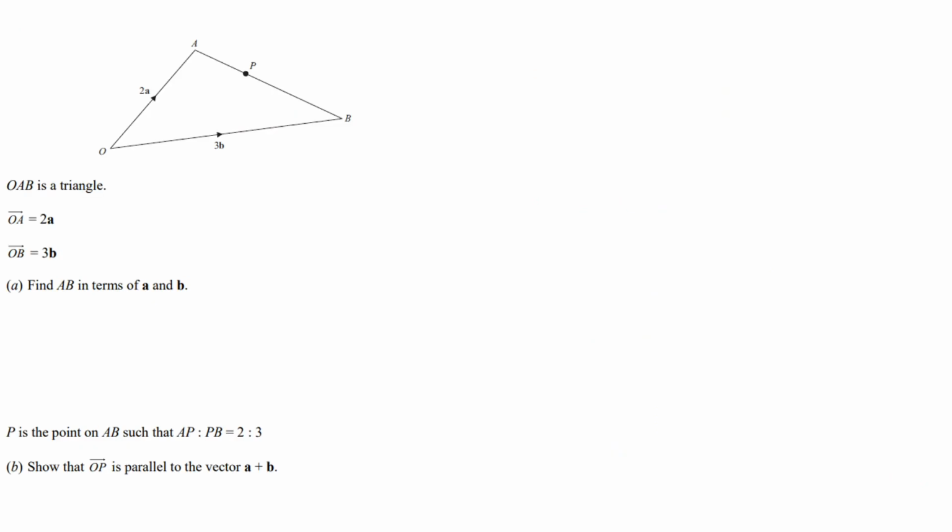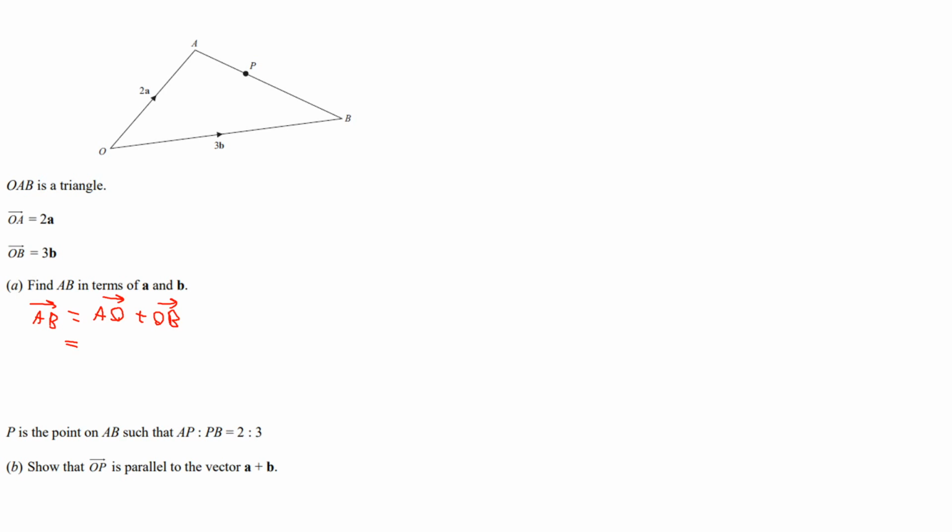What about this one? So for this one, we're told OA is 2A, OB is 3B. So what is AB? Well, AB is just going to be A to O plus O to B. Remember your arrows?